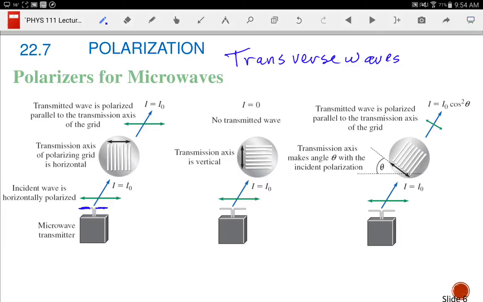So if I have electric fields, I put this piece of metal. This is a piece of metal that conducts electricity. If I have an electric field like this, what's going to happen in the metal when that electric field hits it? What does an electric field do to charge? The whole purpose of electric fields, in fact.